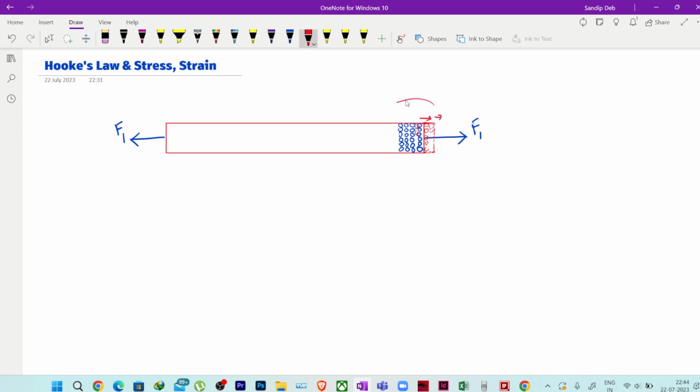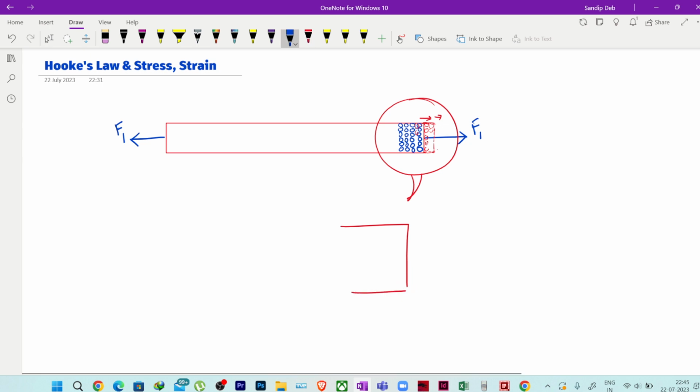If I just zoom this area, suppose this is my bar and it is subjected to some force in this direction. It had some molecules or particles like this.